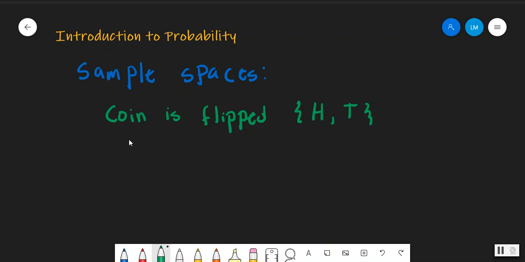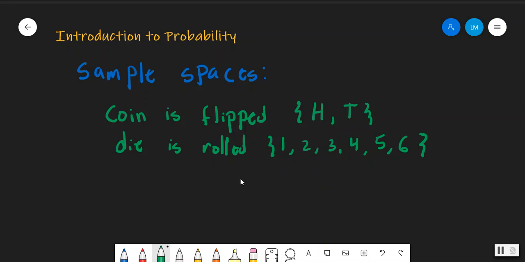Now, if a die is rolled, well, the possibilities are 1, 2, 3, 4, 5, and 6.